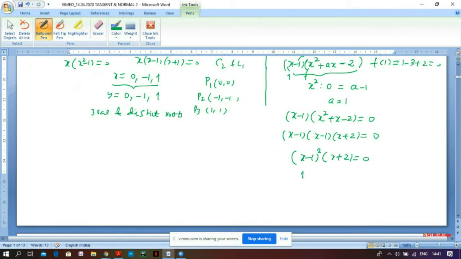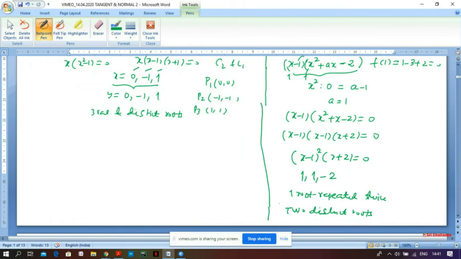So you get the roots at 1 and negative 2. Compare with the left side: you got 0, minus 1, 1, all three distinct. Here 1, 1, minus 2. It means you get one root repeated twice and one only once. So it means you get two distinct roots.